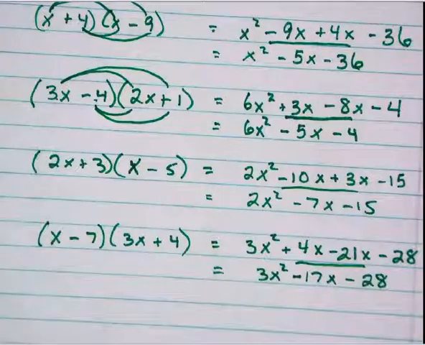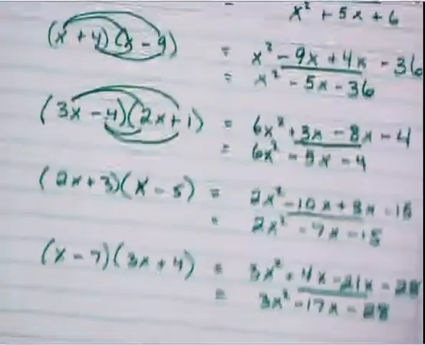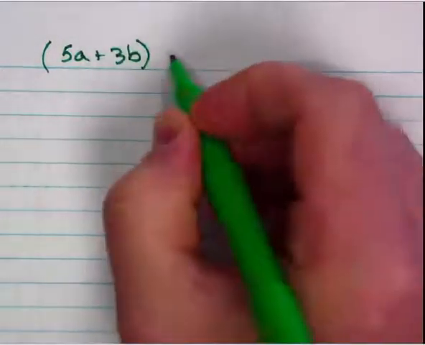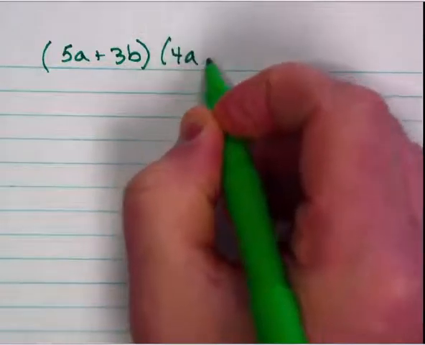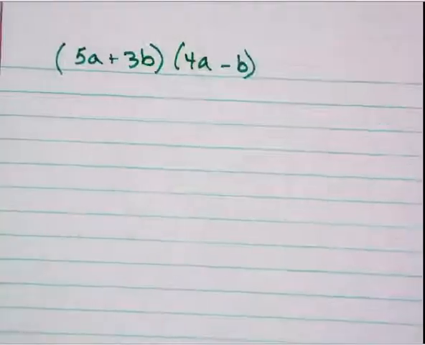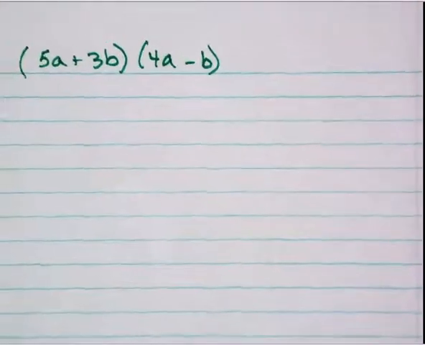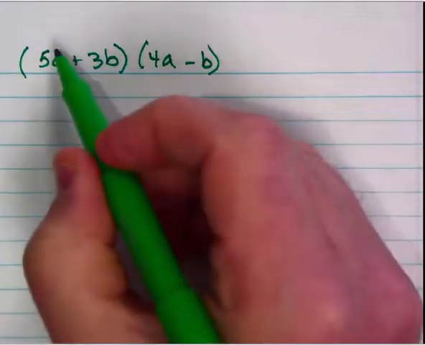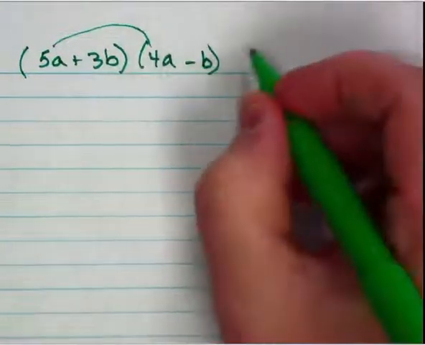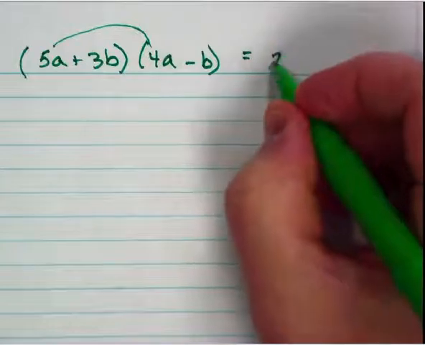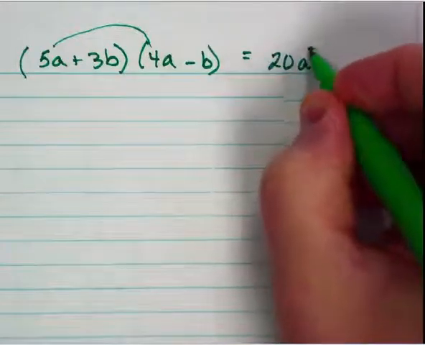Okay. Now let's look at it if we make it a little bit more complicated, maybe, by putting just some more letters in there. So if I were to do something like 5a plus 3b times 4a minus b, does it really change the way we think about it? I hope not. I'm just going to do 5a times 4a, which is 20a squared.